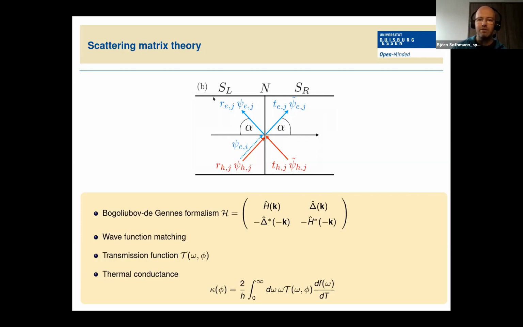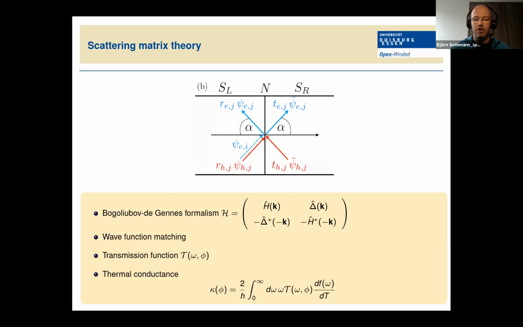And since we deal with superconducting systems, we will make use of the Bogoliubov-de Gennes formalism, where we double our degrees of freedom to account for the particle-hole symmetry of the problem. And so we have the Hamiltonian describing the electronic degrees of freedom up here and the hole degrees of freedom down there. And they are coupled to each other by the superconducting order parameter Δ.